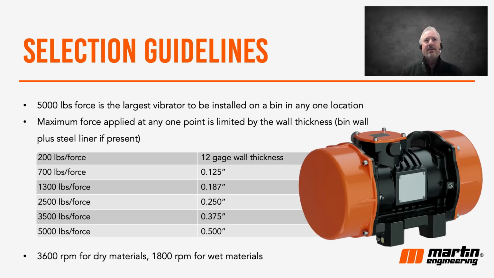Our model MC362510 set at the factory at 60% of max force equals 1,500 force pounds. I feel this would work right out of the box, but it also has up to 2,510 force pounds capability. So if we determined we needed more force, a simple 5 to 10 minute mechanical adjustment of the eccentric weights on that unit will increase or decrease the force output of that unit.